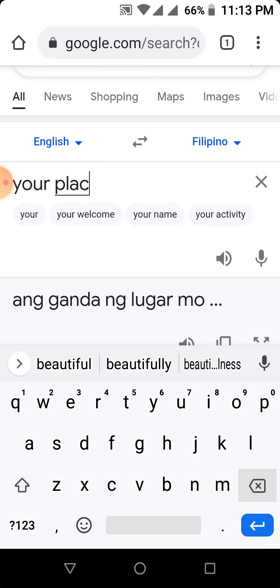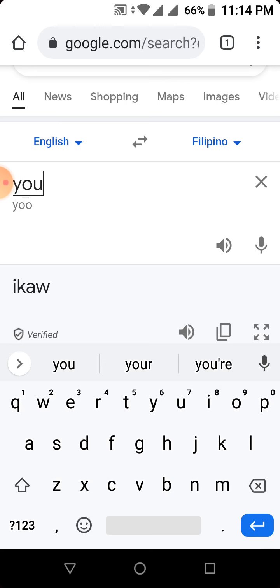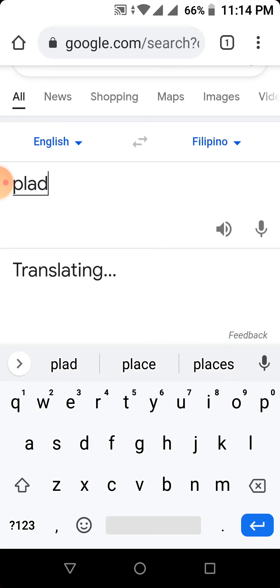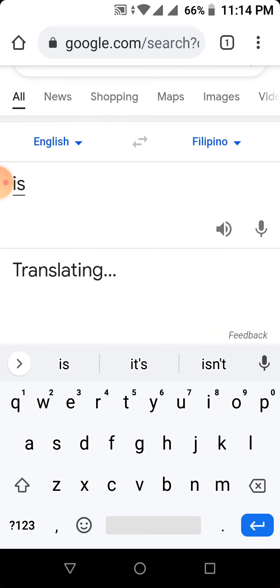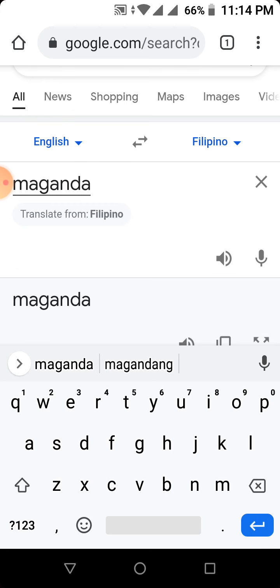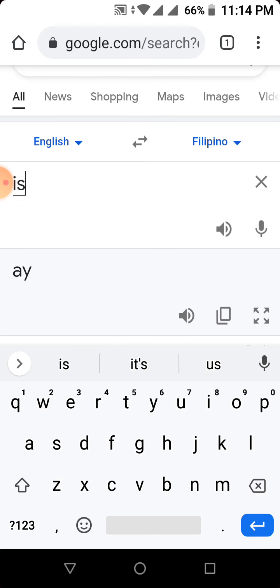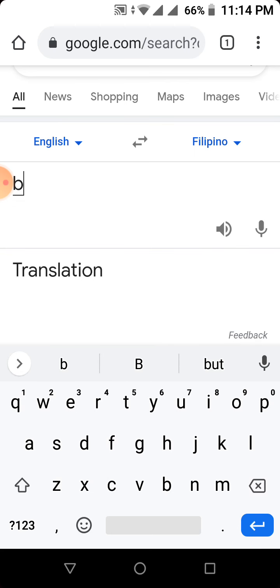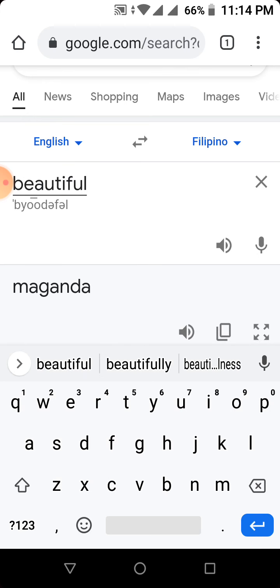Alright, and if I'm going to translate it one by one, it will appear as this one. "Iyong lugar ay maganda."